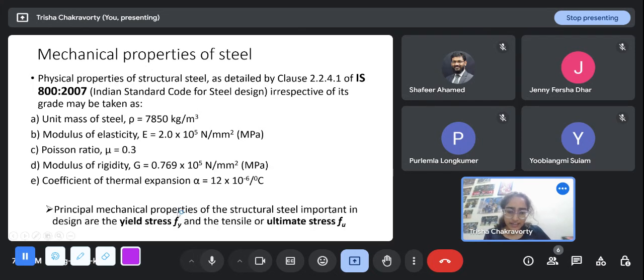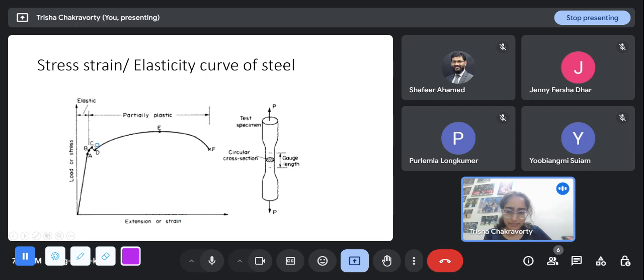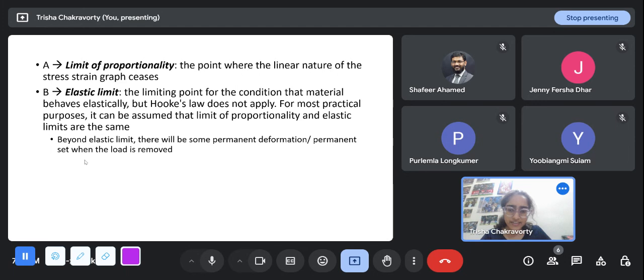This Fy corresponds to the stress at C or D, or the average or something. Beyond B, even if you remove the stress completely, there will be some strain remaining in the specimen, which we call the residual strain or the permanent set.